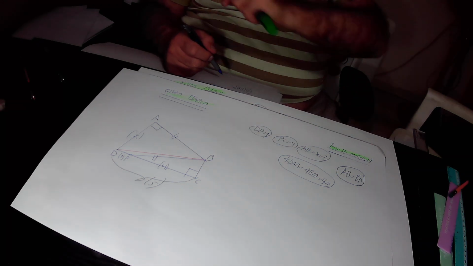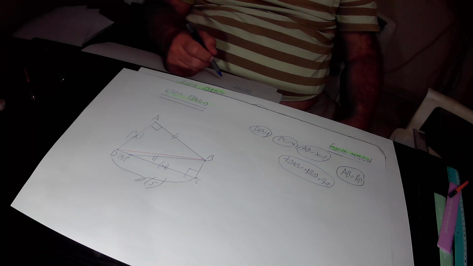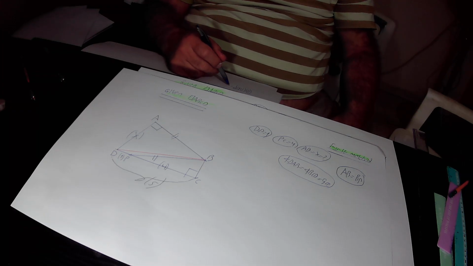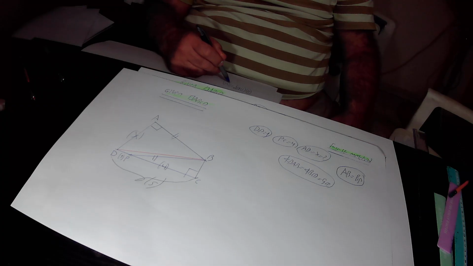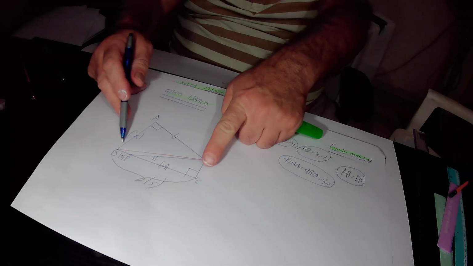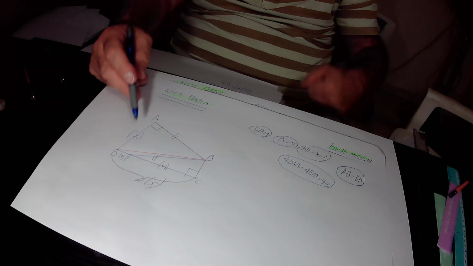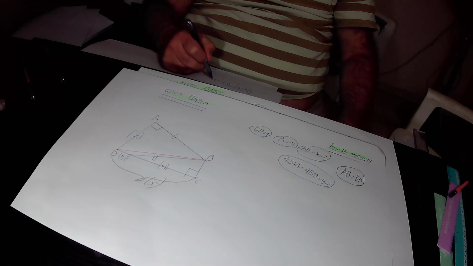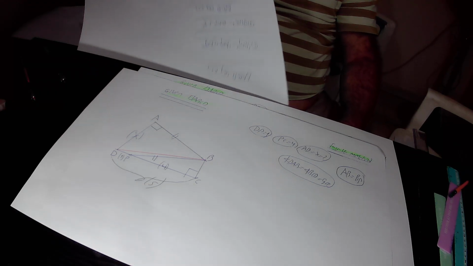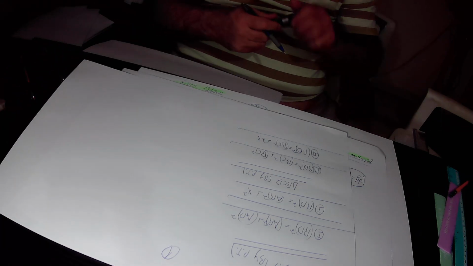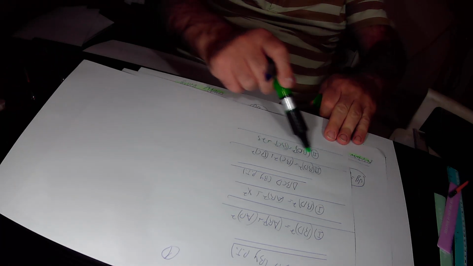We don't know the value of BC, so we leave it as it is. It's BC squared plus DC squared. DC is 5, therefore DC squared is 5 squared, that is 25. So in total, according to equation 2, BD squared equals BC squared plus 25.